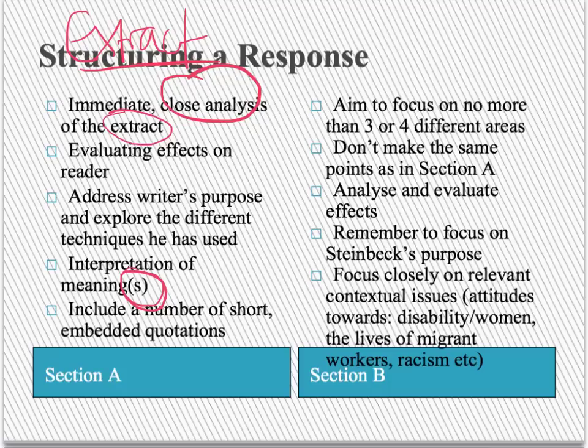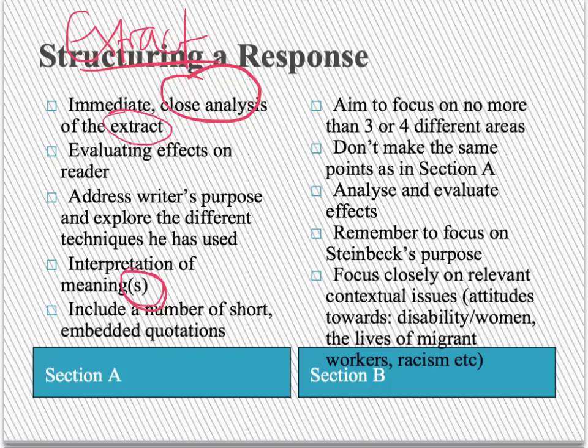The best students will look at alternative interpretations as well. And as mentioned, short embedded quotations are really important because you're looking at a small extract. If you're just going to write out half of that extract, you're wasting valuable time, and also you're not showing a high enough level of analytical skill because you're not honing in on specific language features.